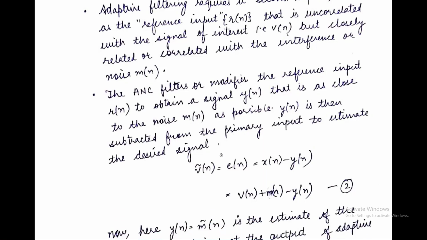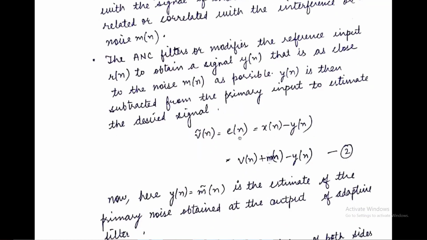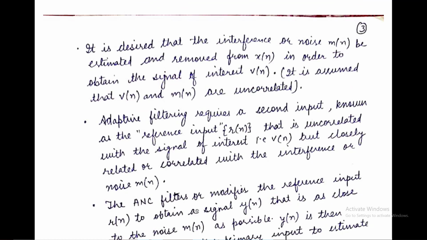So V cap n is nothing but an error signal, which is the desired signal Xn minus Yn, where Xn is the combination of Vn plus Mn, and we are subtracting Yn, which is the estimate of the noise. We can also write Yn as M cap n, the estimate of the primary noise obtained at the output of the adaptive filter. Again, you can refer to the figure.